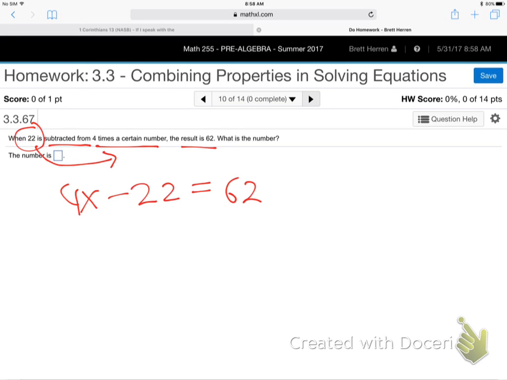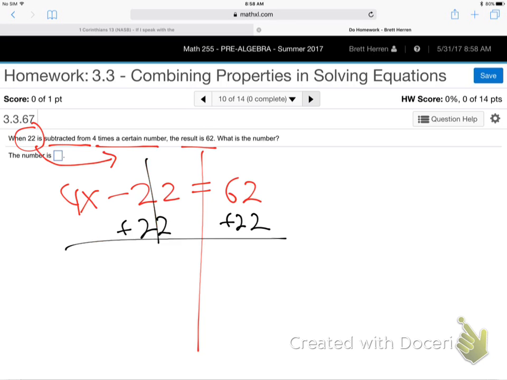All right, can you solve that now? I know you can solve that with the greatest of ease once you have it. Compared to those other ones, this is an easy one. X is saying, I want to be alone. What's our first step? Add the 22 to both sides.